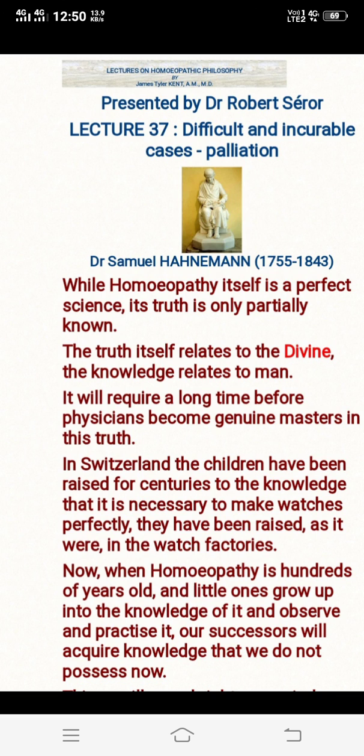In these cases we can make use of only palliation, that is only the superficial symptoms get palliated, and to some degree we can give relief to the patient. So this is chapter number 37, difficult and incurable cases, which are treated by way of palliation. And in this way we finished the topic of palliation.